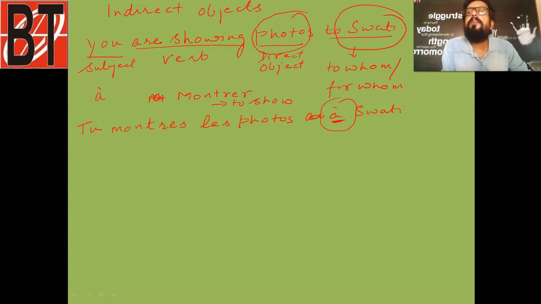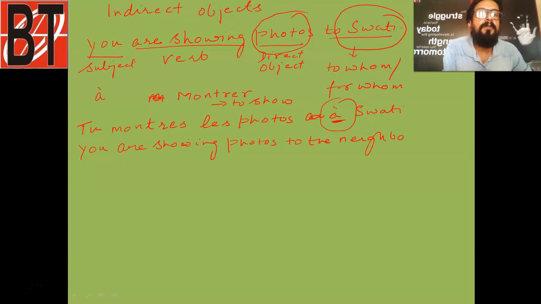Now if I write the same sentence, you are showing photos to the neighbors, let us say neighbors. I'm taking plural. So here instead of tu, I will take vous.